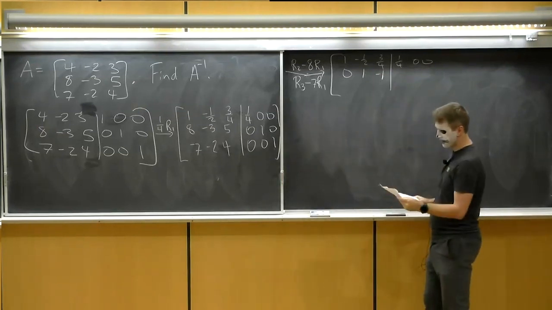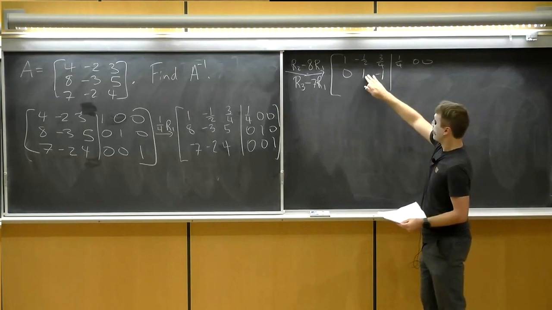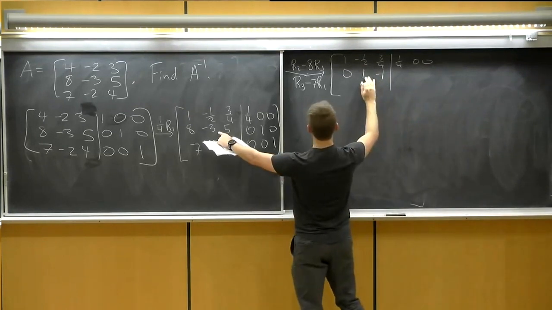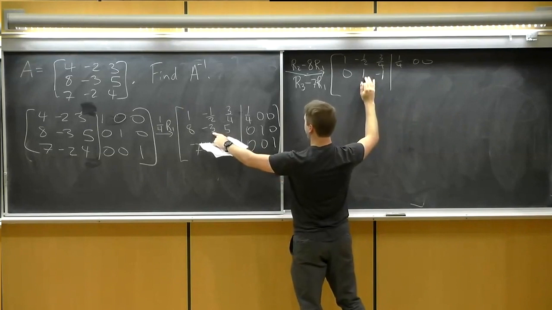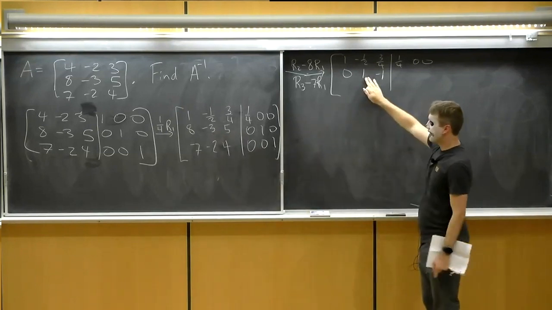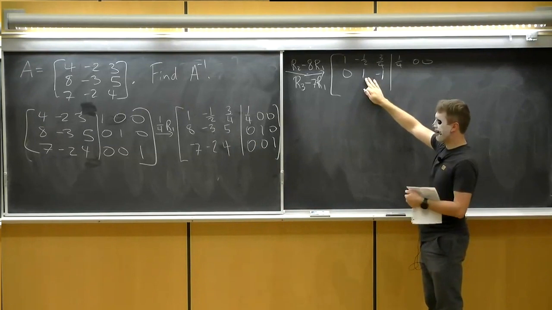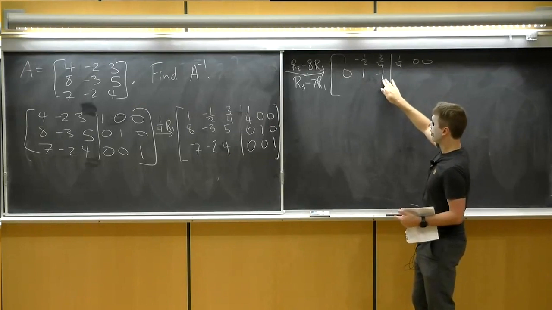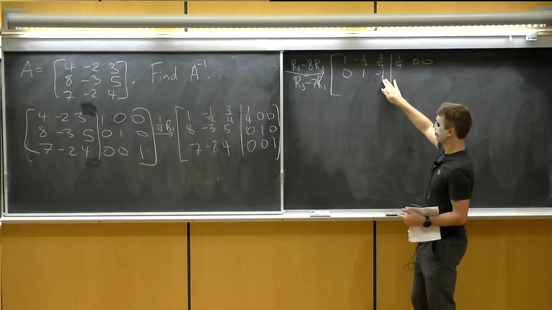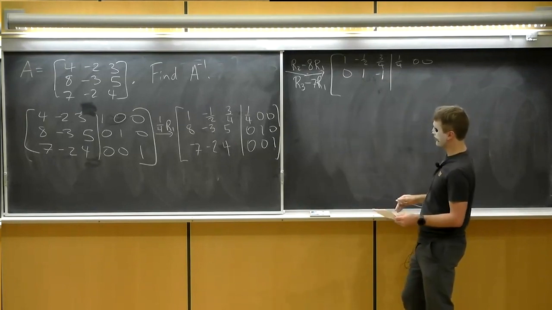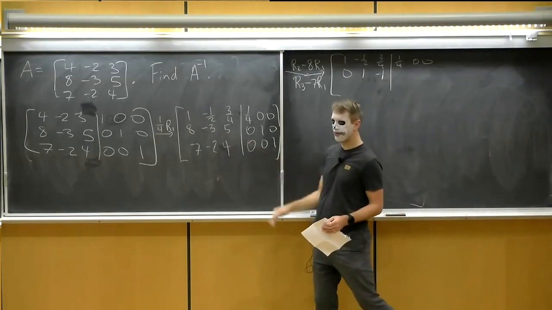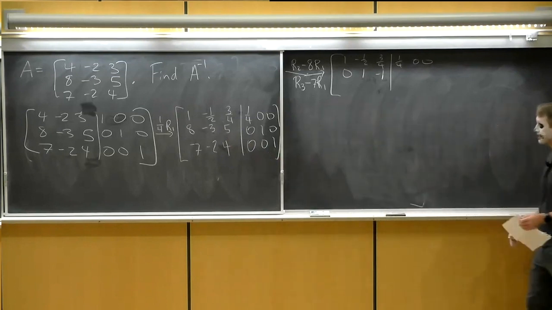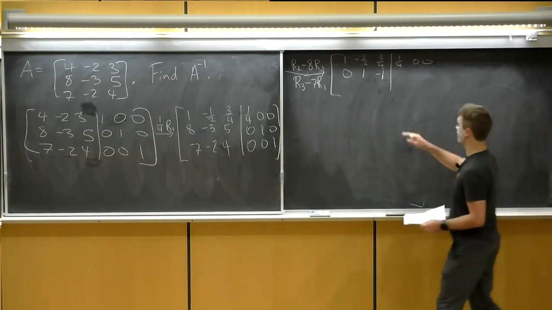So, okay, next row I've got, so I had a -3. I subtract 8 times -1/2, which is like adding 4. So I get a 1. Something seems wrong about this one. Is that right? 5 minus 8 times 3/4. Oh, no, that's correct, I think.